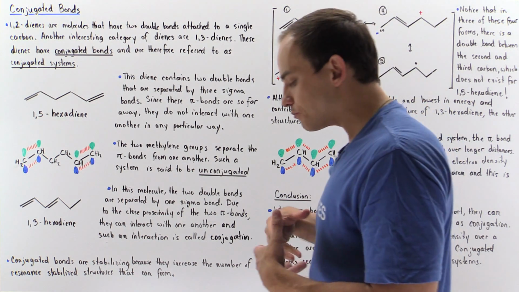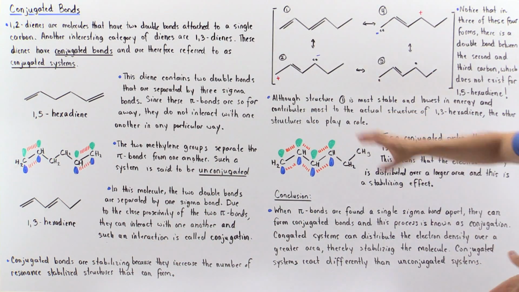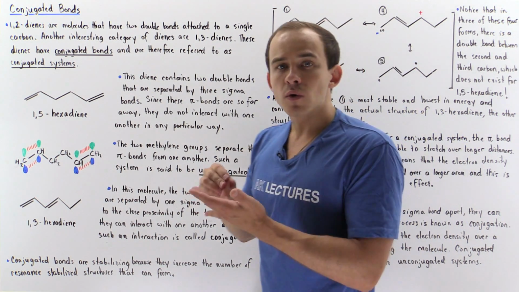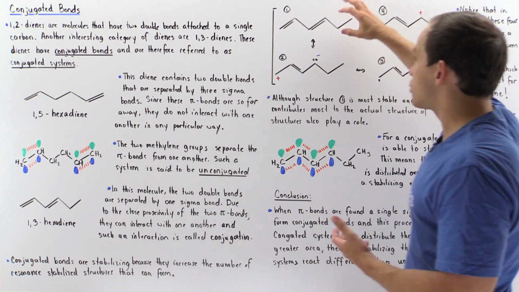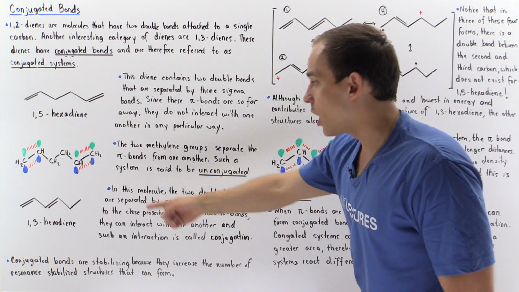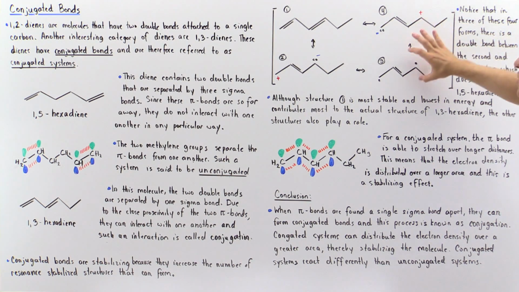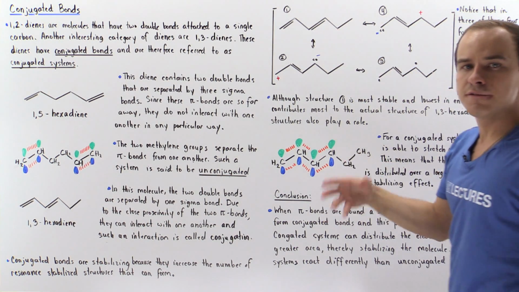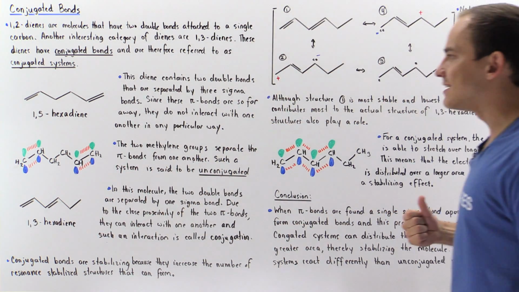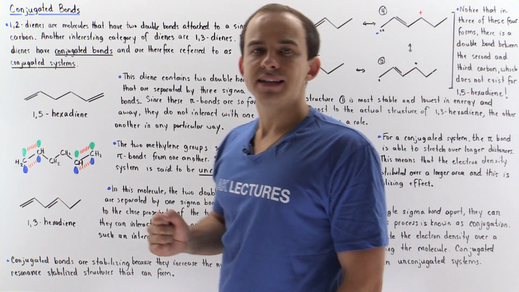So basically, that means that although structure 1 is the most stable, the lowest in energy, and the structure that contributes most to the actual structure of 1,3-hexadiene, we also have these 3 other resonance structures that also play a role in stabilizing our molecule, our 1,3-hexadiene.